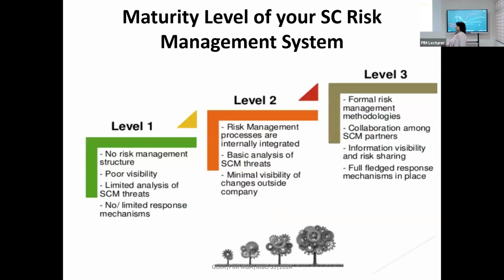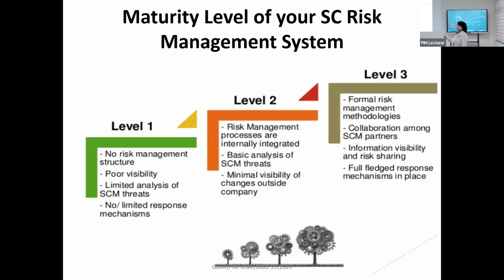Finally, there are different levels of maturity when you're looking at supply chain risks. If you have no understanding about the risks and no structure in place, very poor visibility, no proper risk analysis, and we don't even know the threats, you are at a very low level.